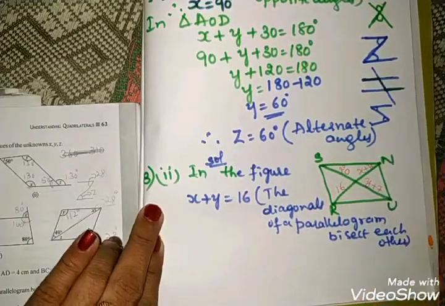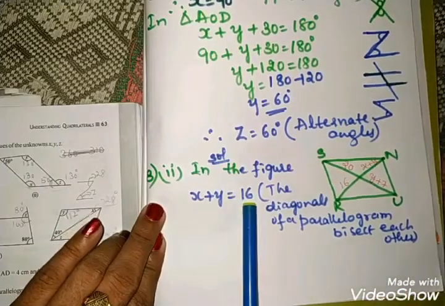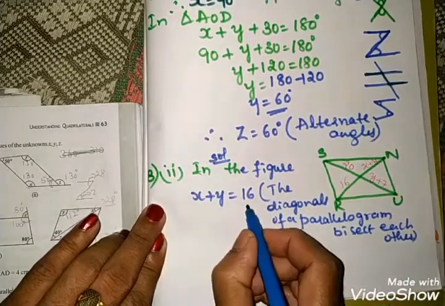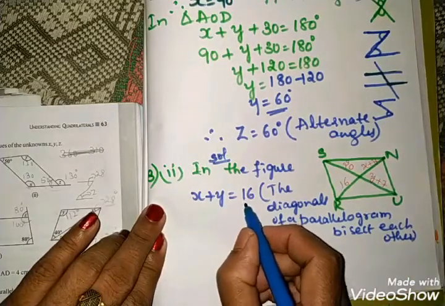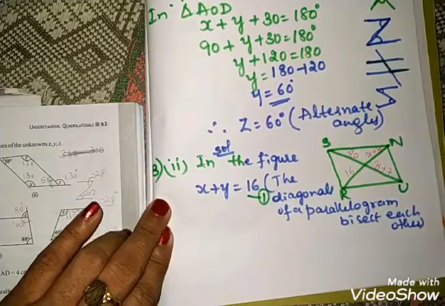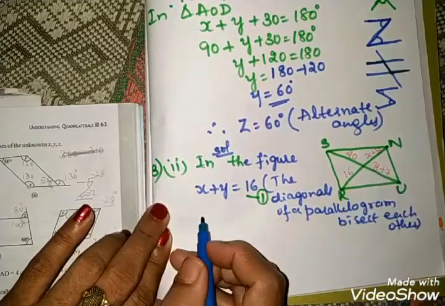This is the reason for that. So x plus y is equal to 16. Let us take this as equation number 1. Okay. Now let us consider another one here.